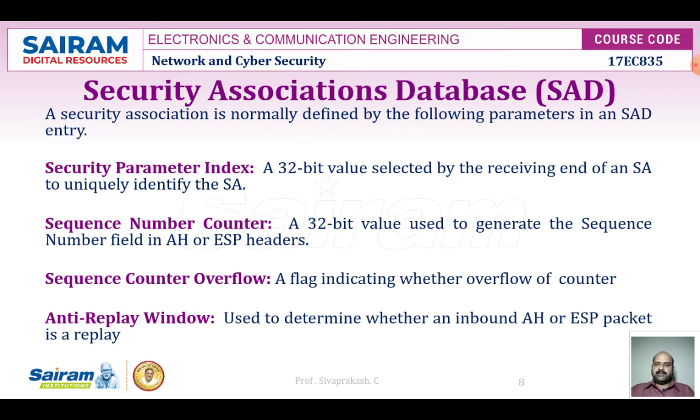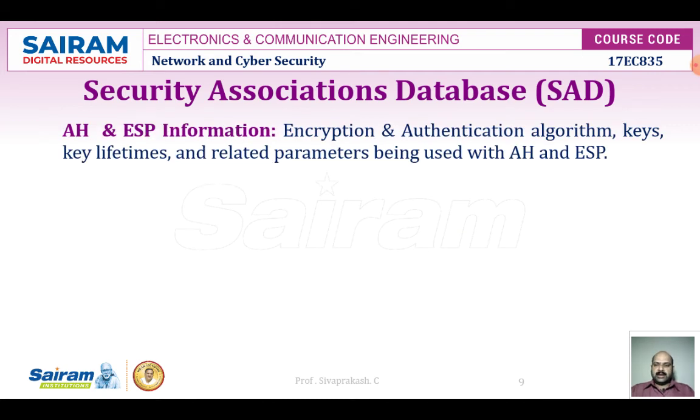The fifth parameter is going to be the authentication header and encapsulated security payload information. The AH information defines the authentication algorithm, keys, key lifetime and related parameters used by the authentication header.